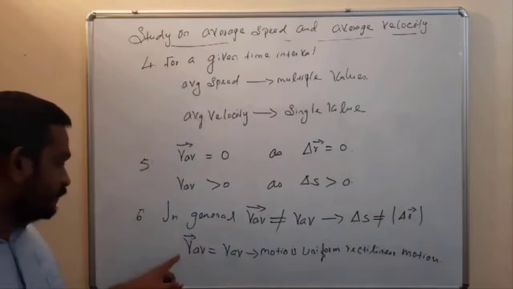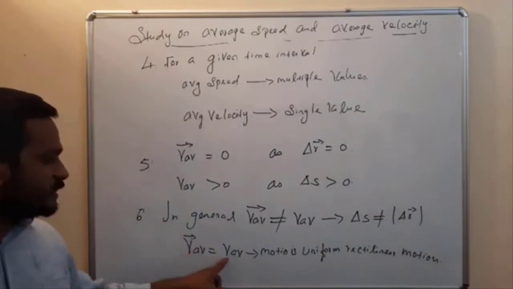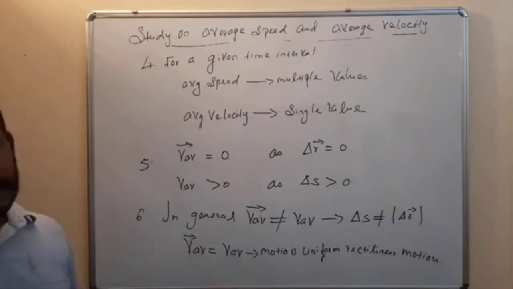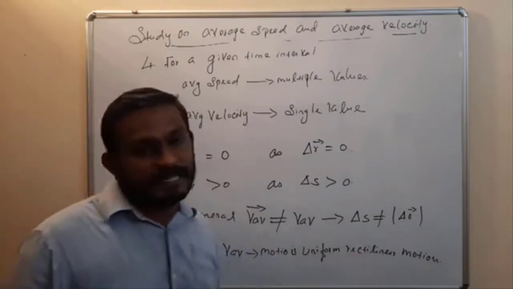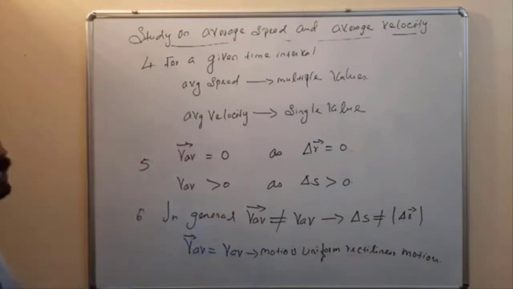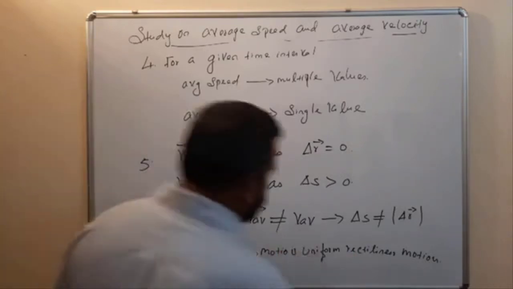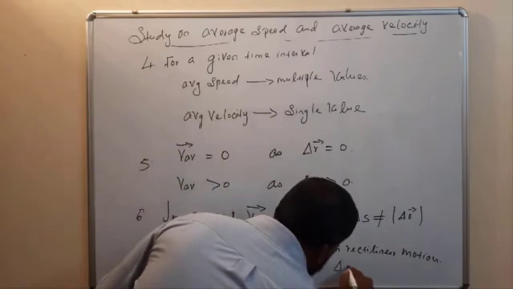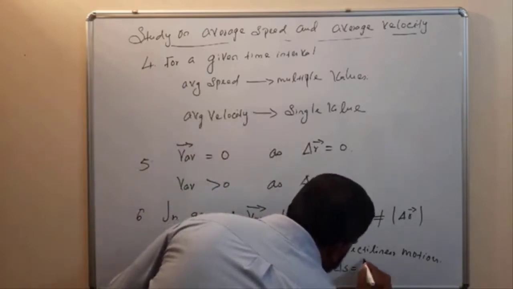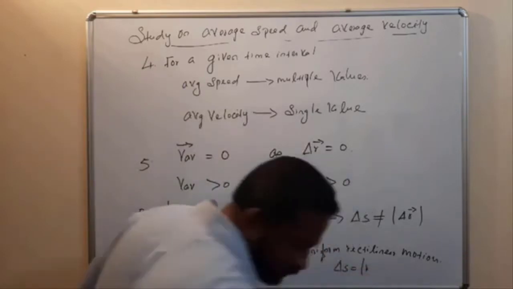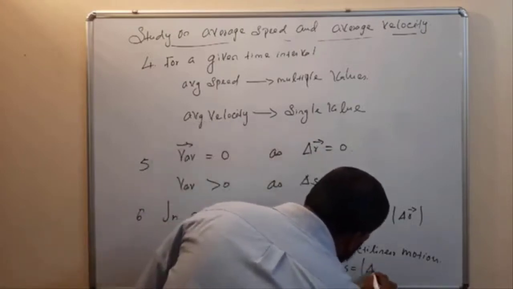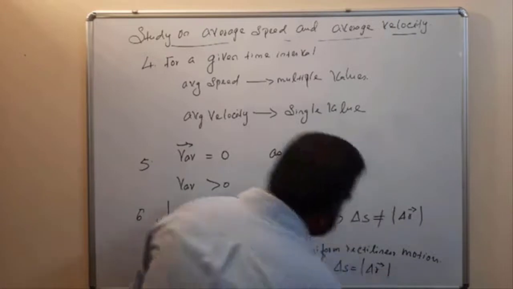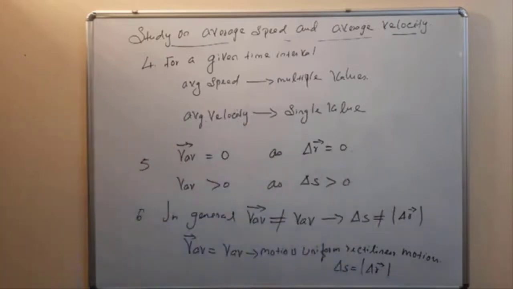But sometimes average velocity is equal to average speed, when the motion is uniform rectilinear motion. In uniform rectilinear motion, delta S is equal to the modulus of delta r.